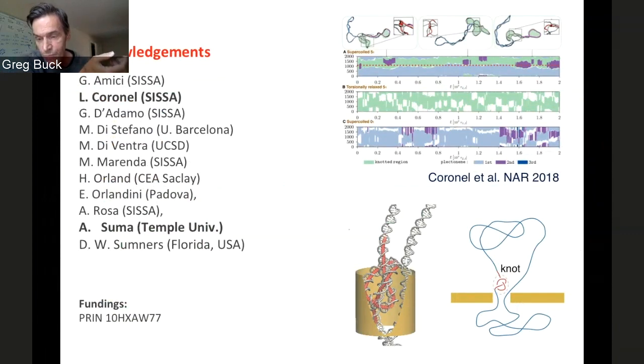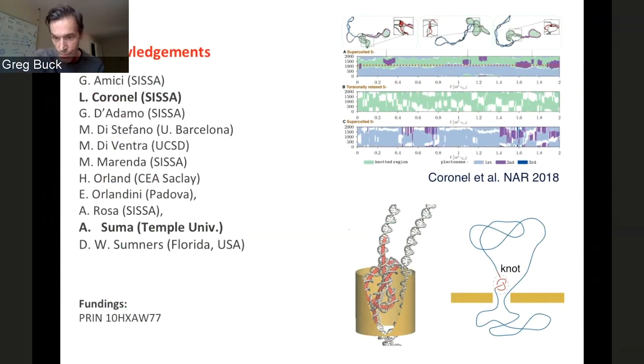You would see them, but the trefoils would disappear really quickly. The argument is something like that the figure eights require too much of the chain going back against itself to slide through. So I was wondering if you see that in your simulation.